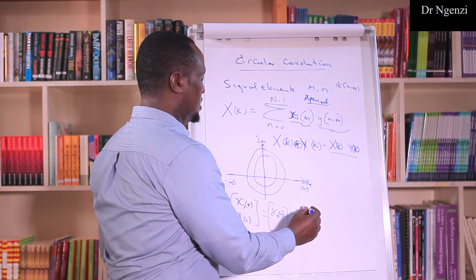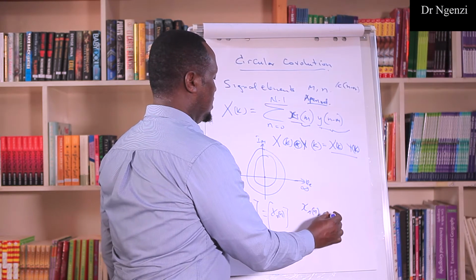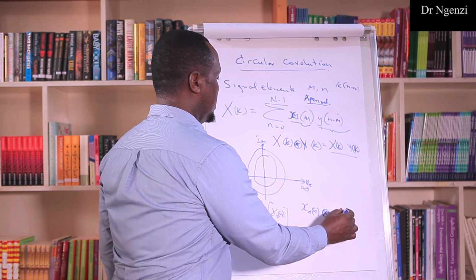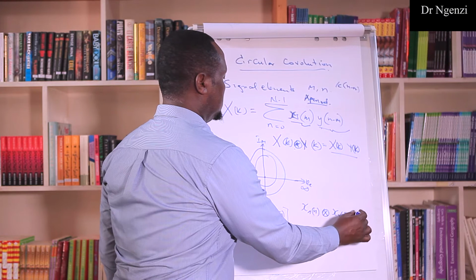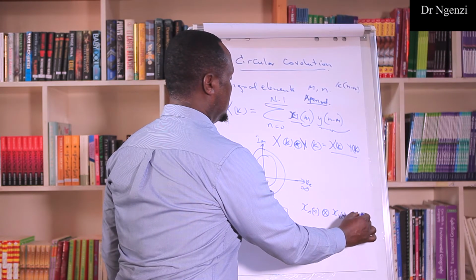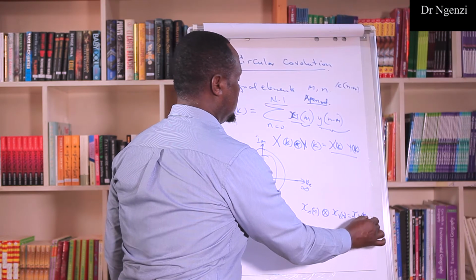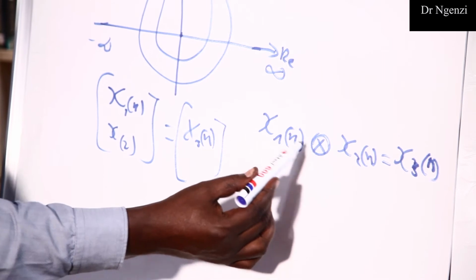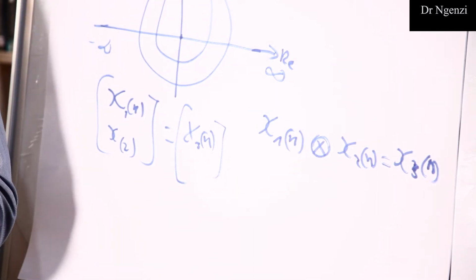It's going to be x1 of n, putting the other value of the convolution sum here, x2 of n, and then you can get x3 of n. This circular convolution just exists in two, so you are just joining two signals at the same time.